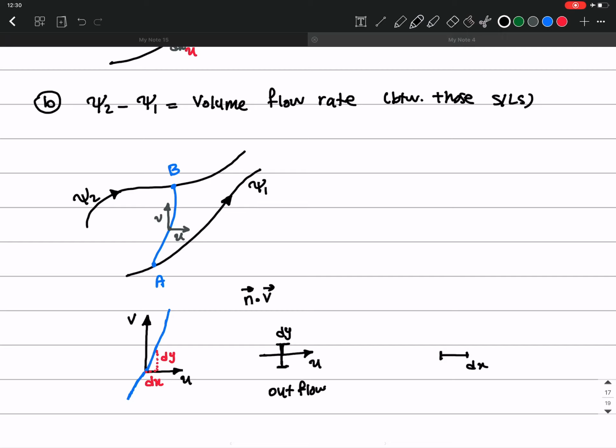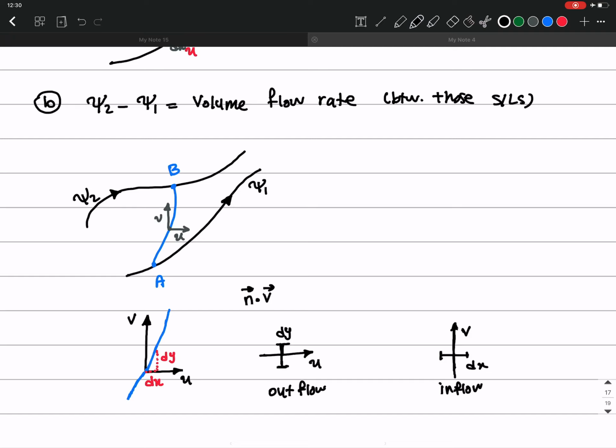And then for dx, the only velocity component that is actually crossing that is v, right? So this is the v velocity component. And this is going to be inflow, right?